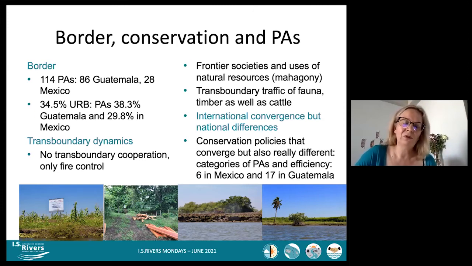Having said that, similarly to water relations, there is no transboundary cooperation to protect these areas. The only cooperation that exists is for fire control.